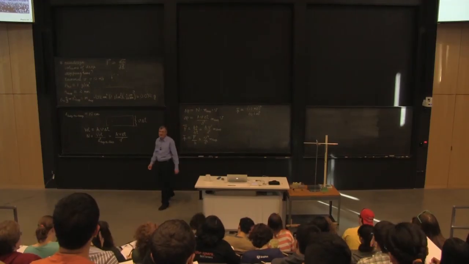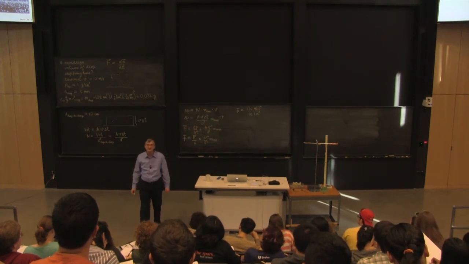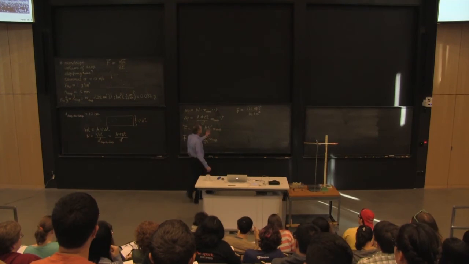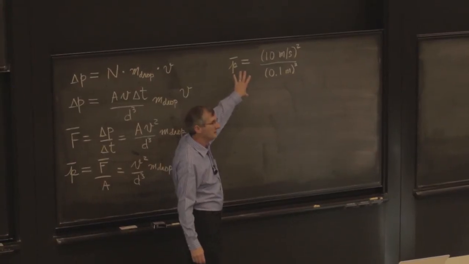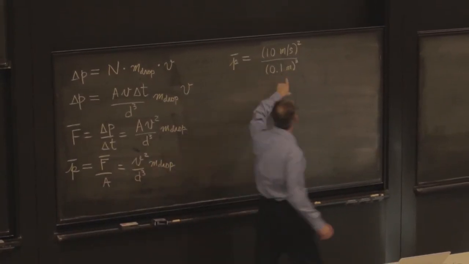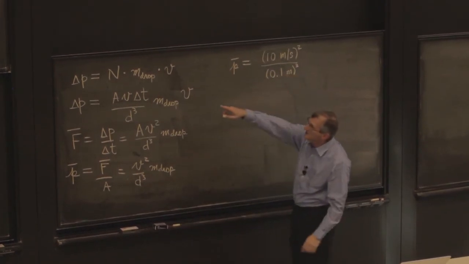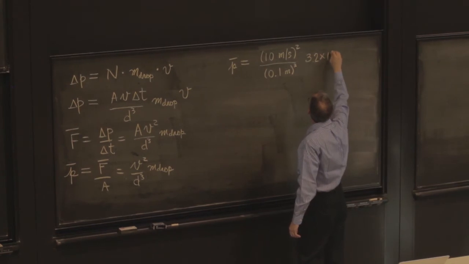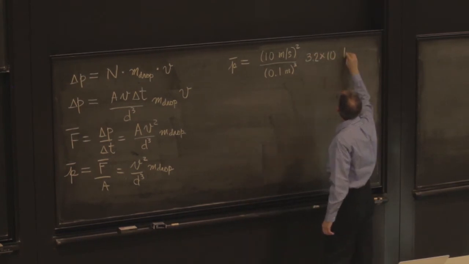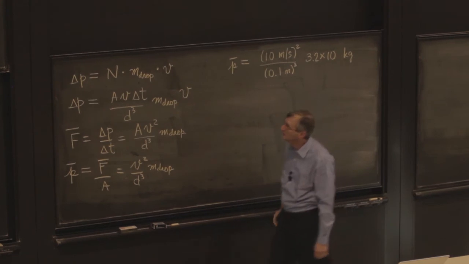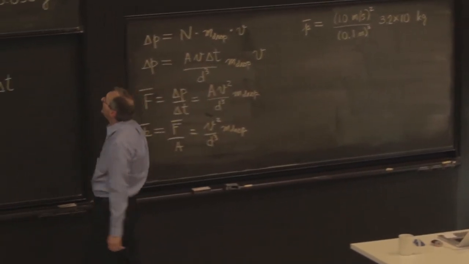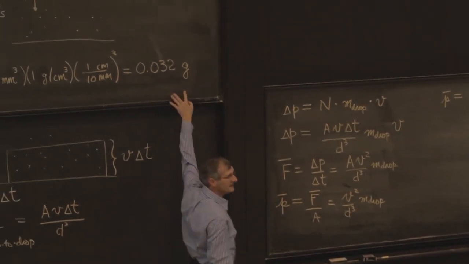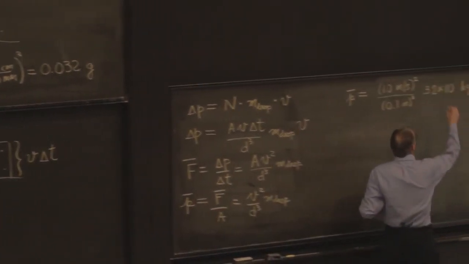Can I leave this in grams, or should I convert it to kilograms? I think I better convert in order to get the SI unit for pressure, because I've got meters and meters. So what would that be, 3.2 times 10 to the what in kilograms? It would be 3.2 times 10 to the negative 2 in grams, so negative 5 in kilograms.